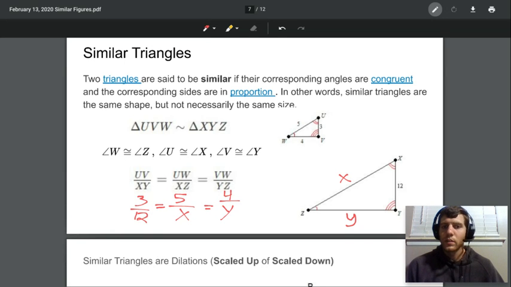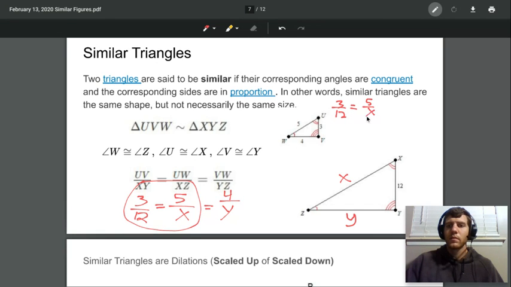We're going to pick two of our ratios. They're all equal, so we can pick any two we want. I'm going to pick the first two: 3 over 12 and 5 over X. When we have a proportion, we cross multiply.